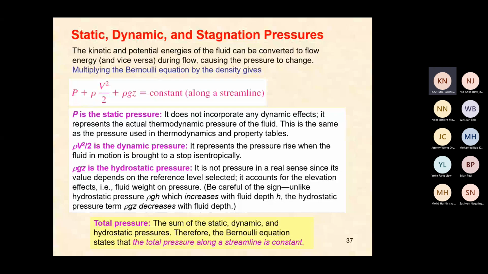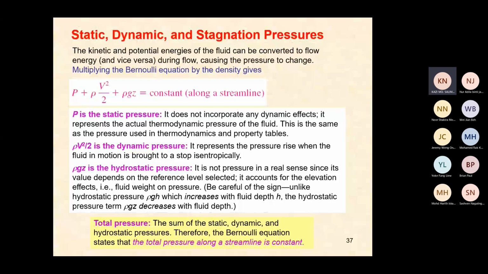And with it, we can say that rho gZ is the hydrostatic pressure, because it's coming through the potential energy. It is not a true pressure, it is due to the height, that is, the height of the equipment being installed. So the total pressure will be the sum of the static, dynamic, and hydrostatic pressure.